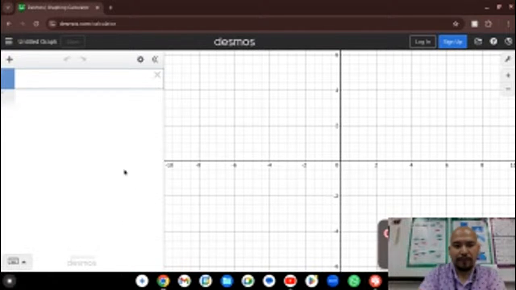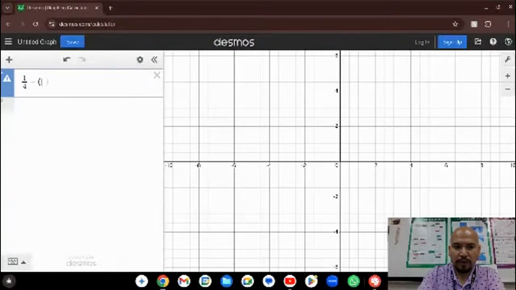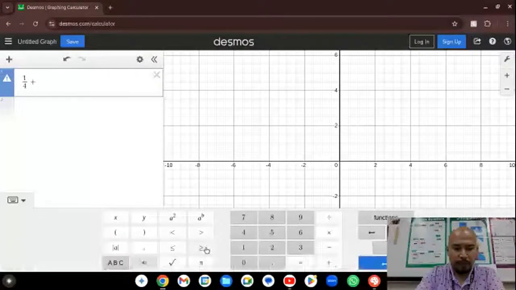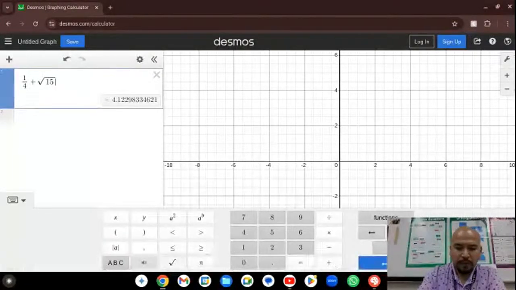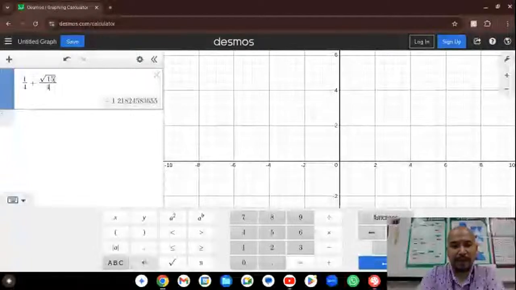So we already know that if you do 1 over 4 plus the square root of 15 divided by 4, because you have to press the right key before you take the square root. Well, not before, but after you take the square root of the number, press the right key to make sure you're able to divide like this.